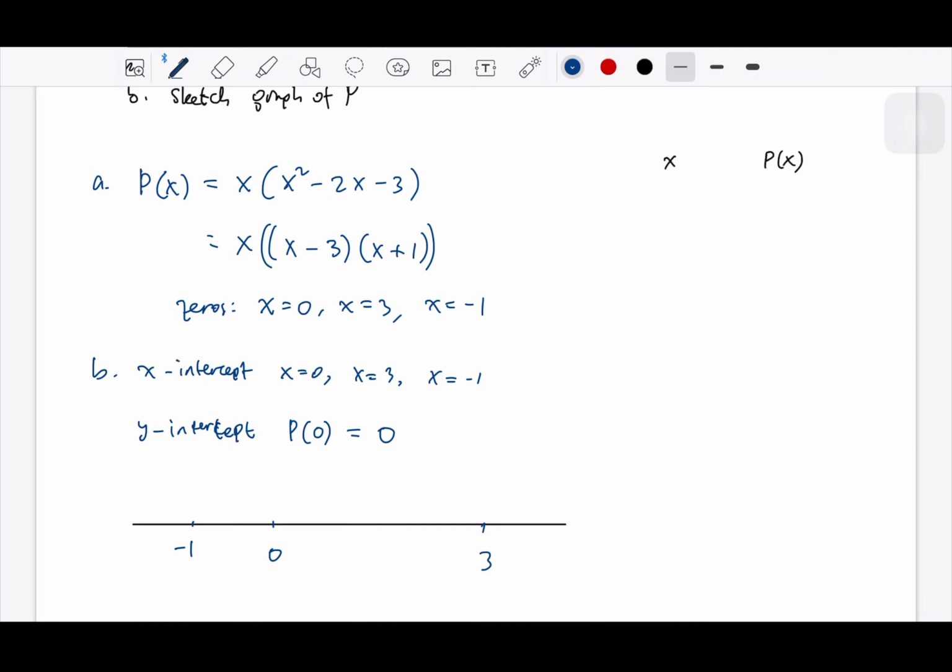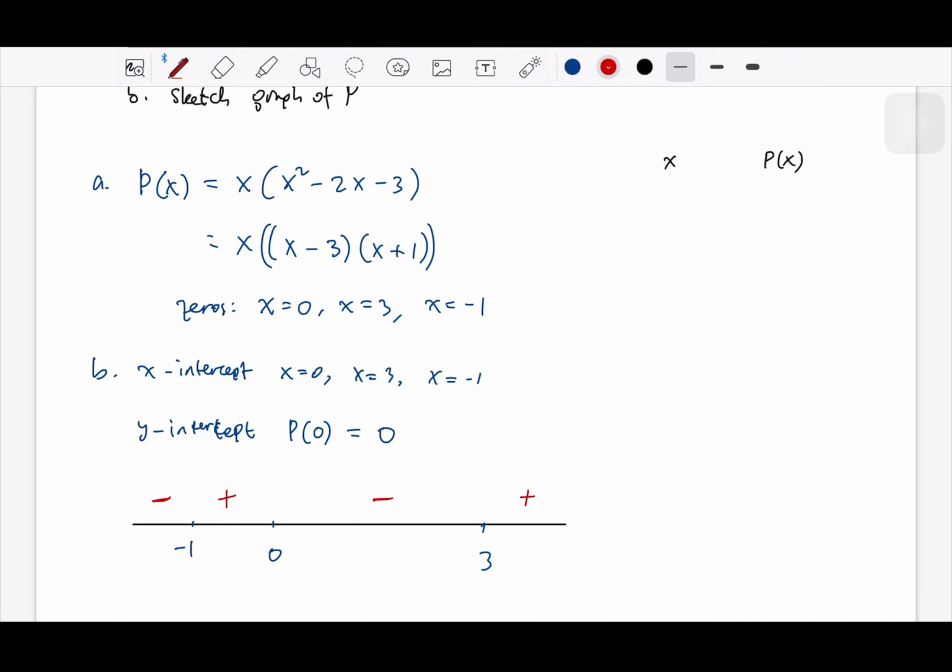We take -2, which is negative; between -1 and 0 we can take -half, which is positive; then between 0 and 3 we take 1, which is negative; and we take 4, which is positive.